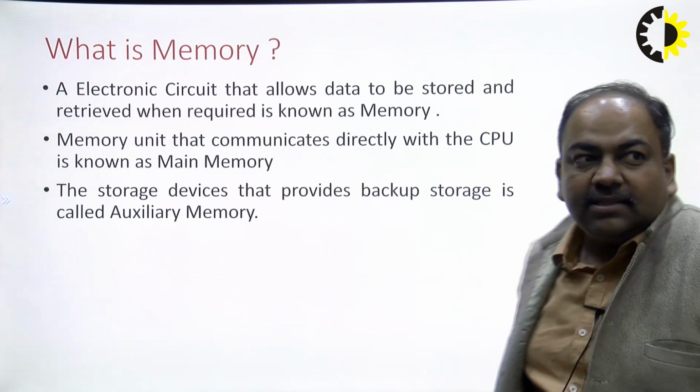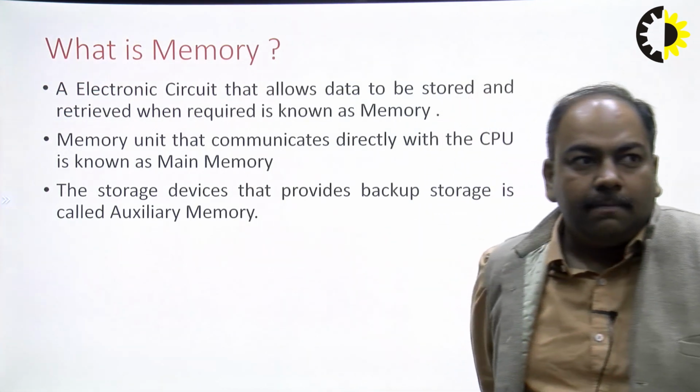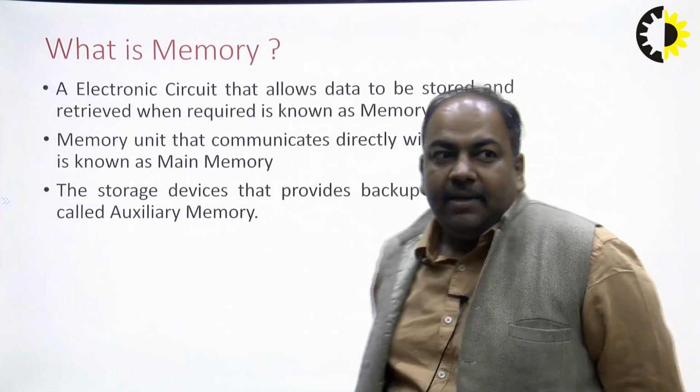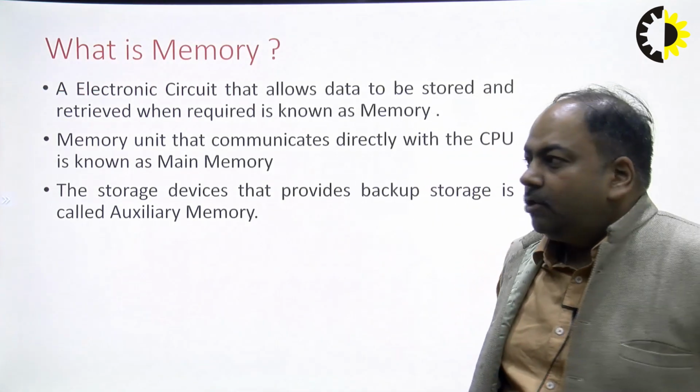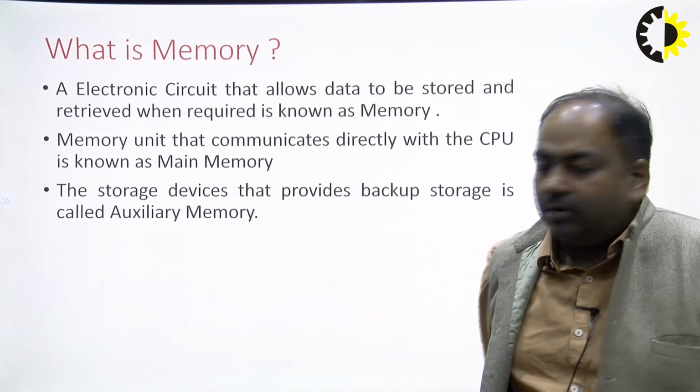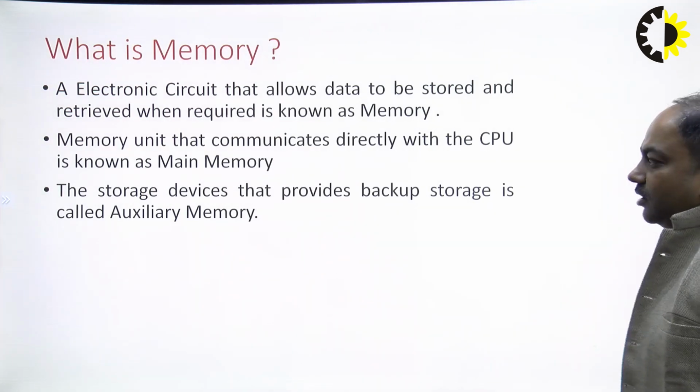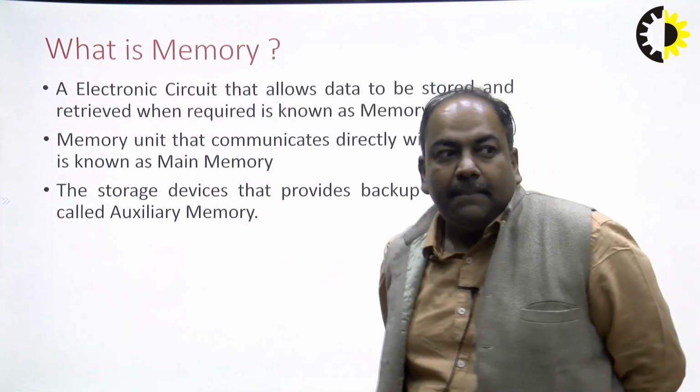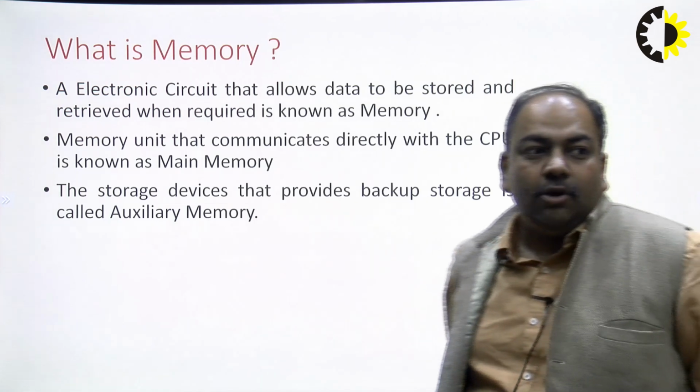So memory is a circuit that allows data to be stored and retrieved when required. Basically memory is used for storage and for backup, and it is of two types, volatile and non-volatile.